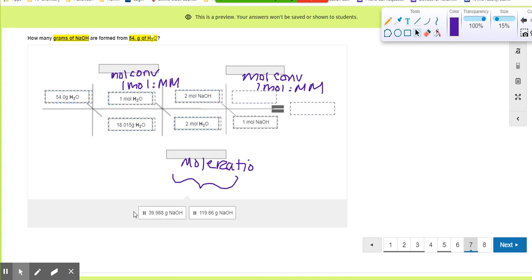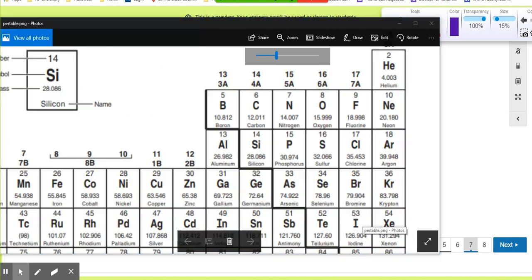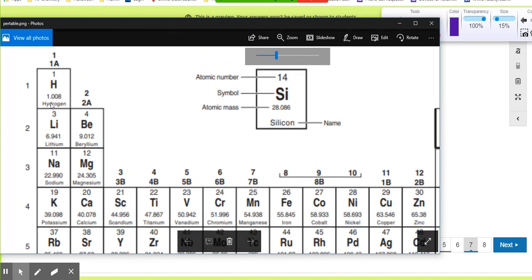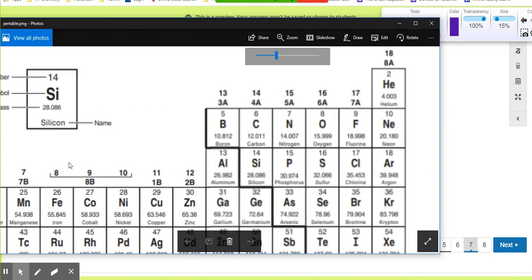All right, so out of those, which one is the molar mass? Again, we're going to refer to our periodic table. Na has 22.990. If you have a calculator, I would type that in. Hydrogen is 1.008, and oxygen is 15.999.